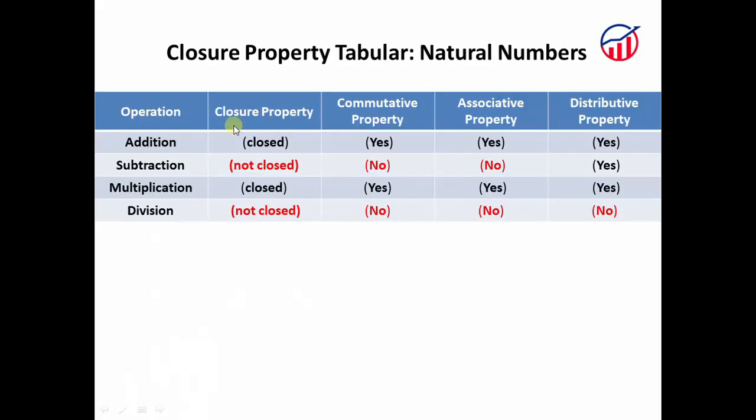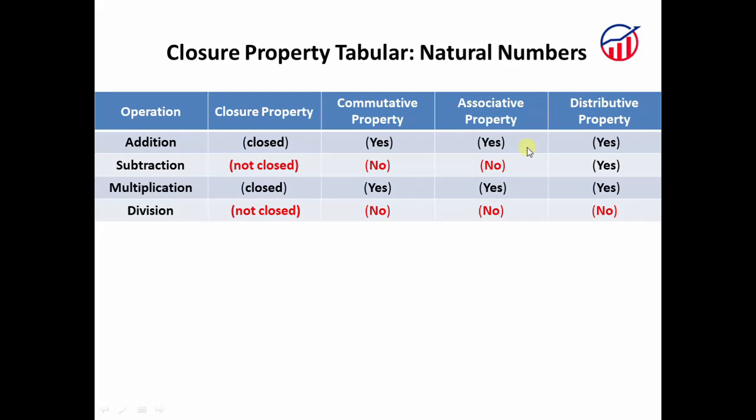This is a tabular summary for the natural numbers over here. You can see in the columns you have the properties, and on the left the operations. The closure property holds good for addition and multiplication, but may or may not hold good for subtraction and division. Likewise the commutative property holds good for addition and multiplication and may or may not hold good for subtraction and division.